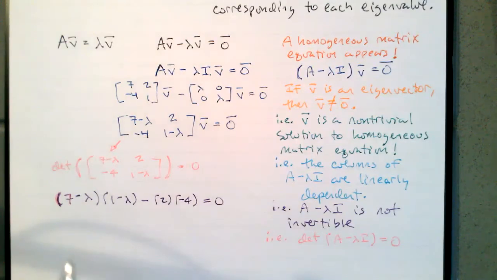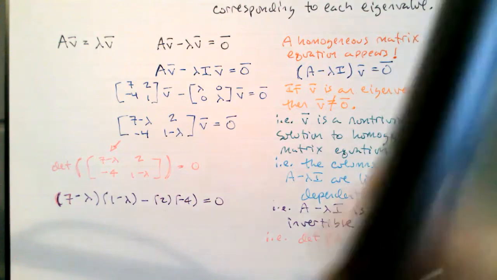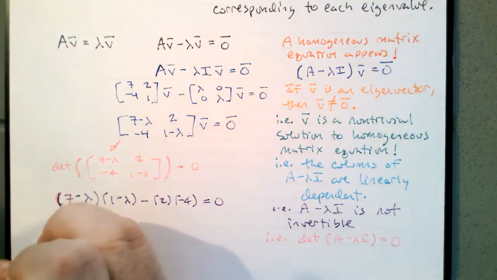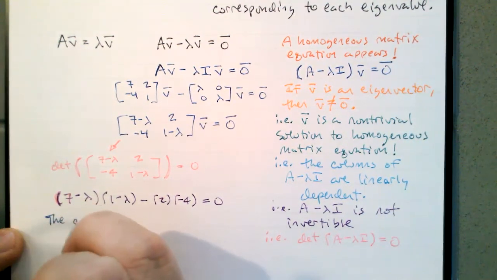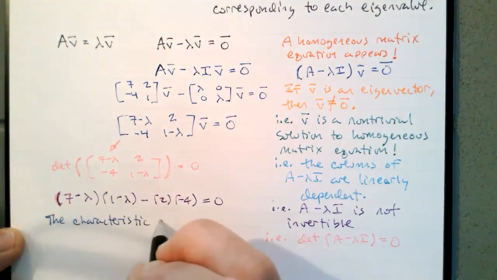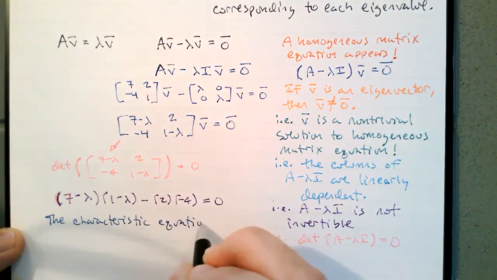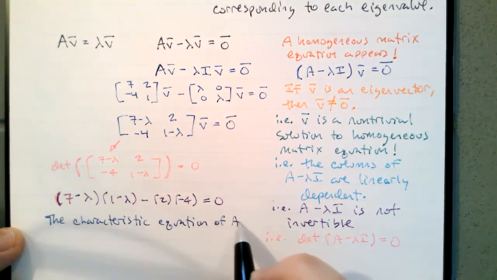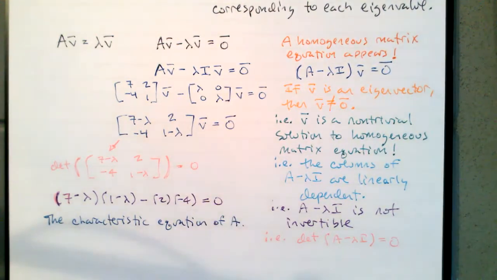I just got to find the lambdas that make this equation true. This equation is the characteristic equation for the matrix A. So we call this the characteristic equation of A.